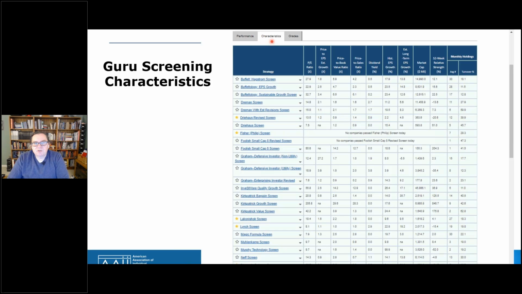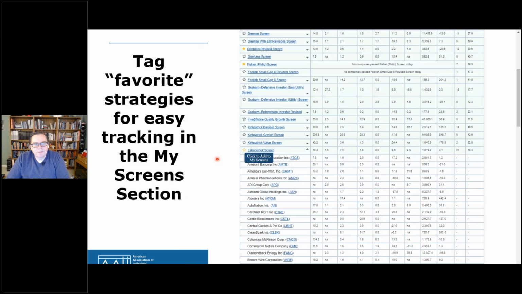And these characteristics are updated every day, and they give you the consensus information for the different approaches that we have. And one of the things you could do then, if you find an approach, and this is a feature that we're just opening up to members now, and it may take a while for all of these elements to filter through the different parts of our stock screening website.